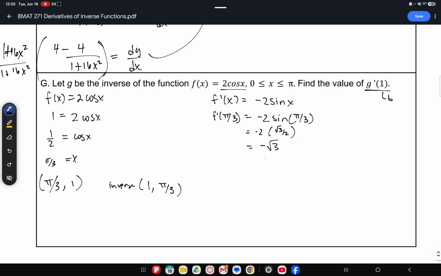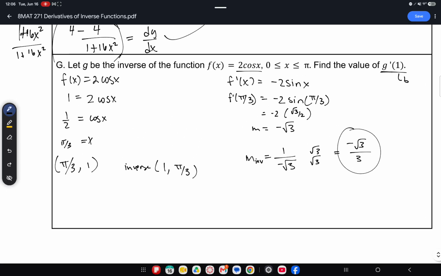So instead of the slope being negative root 3, the slope is actually 1 over negative root 3. I'm not a fan of radicals in the bottom, so let's get rid of it, and we'll make that root 3 over 3, and not forget the negative. All right, and there's that slope.